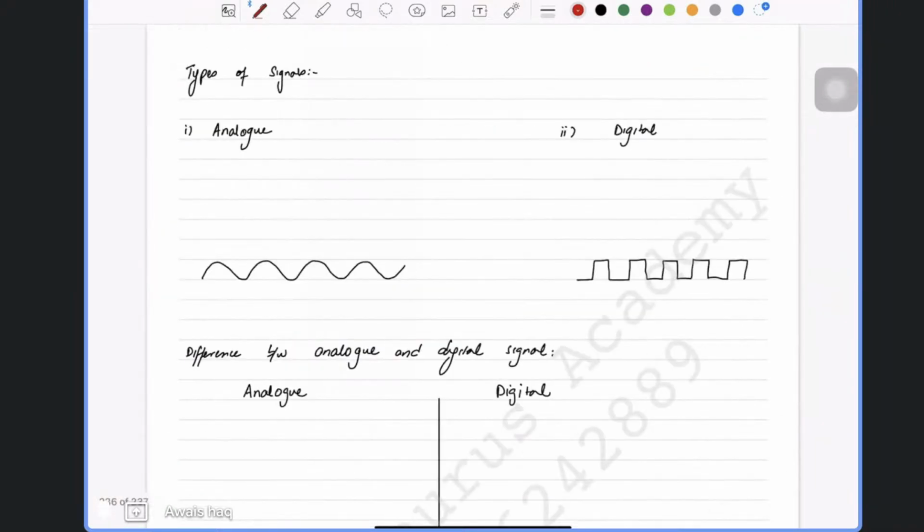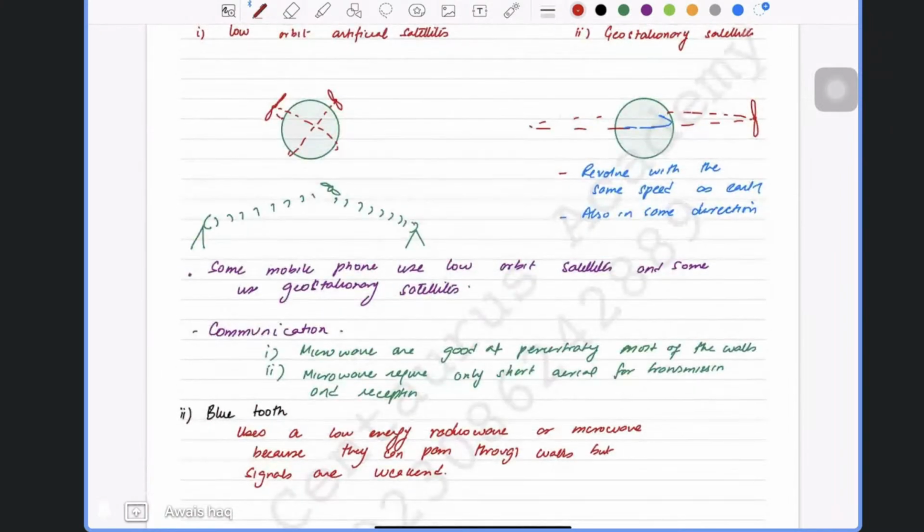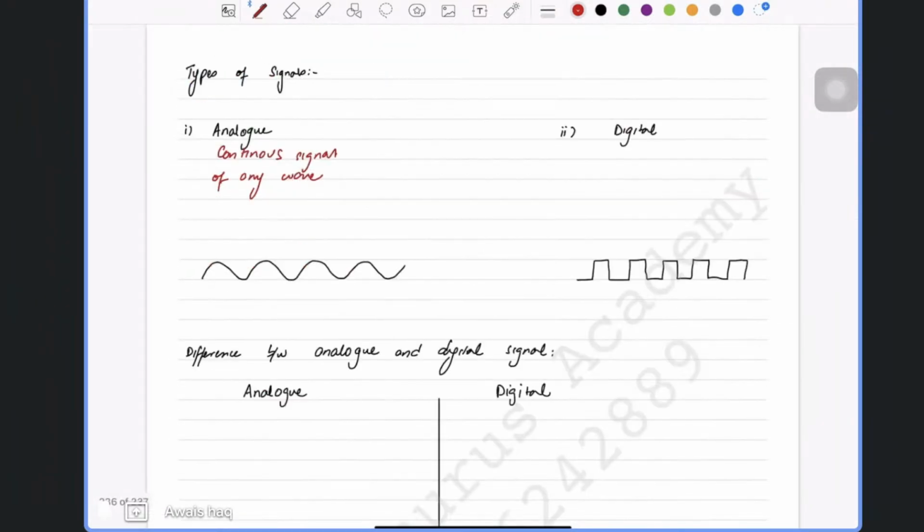Then we have two types of signals: analog and digital.